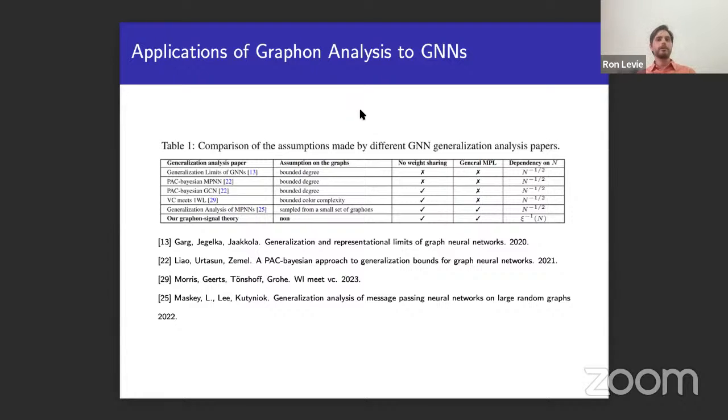And you typically also have assumptions on the architecture. For example, you assume that all of the message functions are shared, so you have only one message function applied on itself many times, or that the message functions are linear, and you assume that the number of parameters is bounded, and so on.